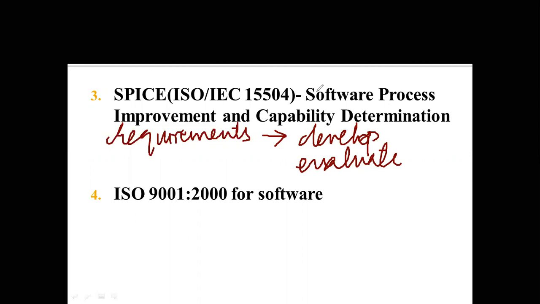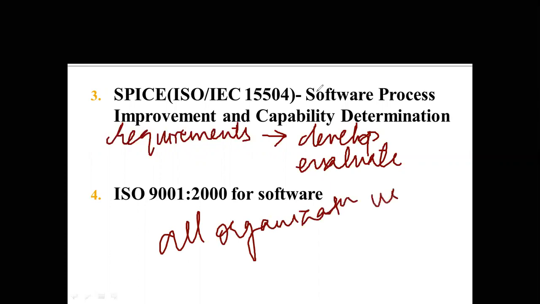Then the next one is ISO 9001 for the software. This is an internationally acceptable standard that is used worldwide, on an international scale. This applies to any organization, that is, all organizations will be able to use this because this is internationally accepted.